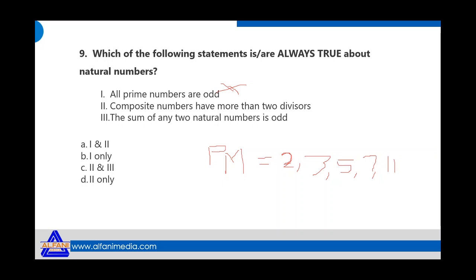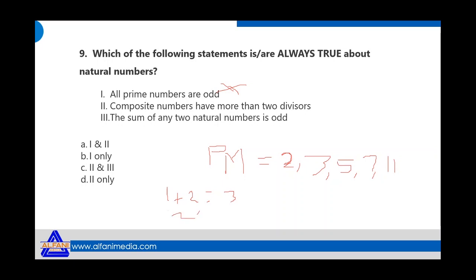Now the question is, what are composite numbers? Let's just leave that for the meantime. Let's analyze the third point. The third point says the sum of any 2 natural numbers is odd. So when you take 1 plus 2, that is 3, yes, that is true, odd.